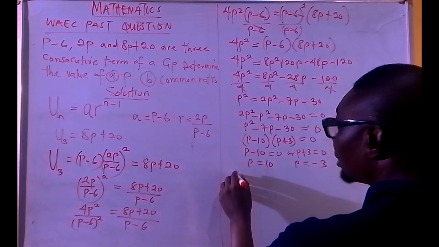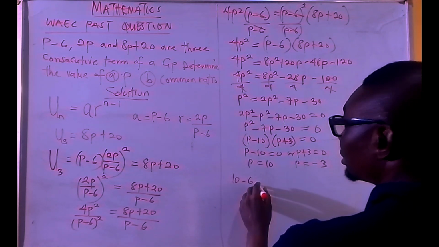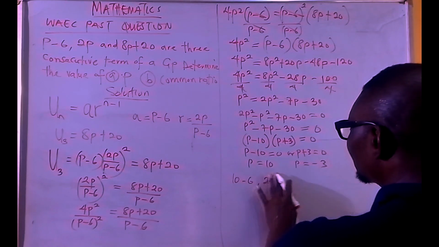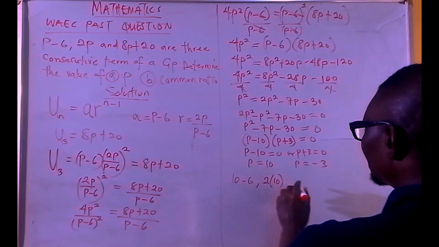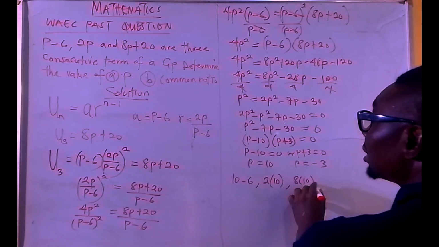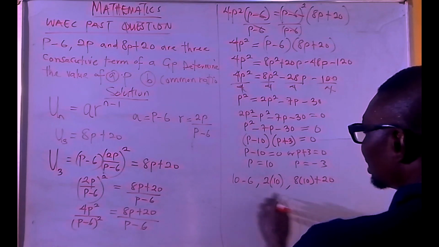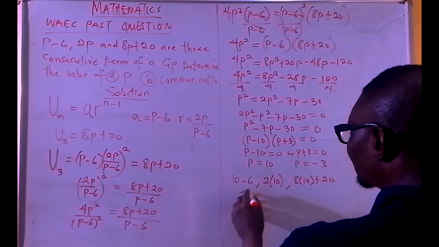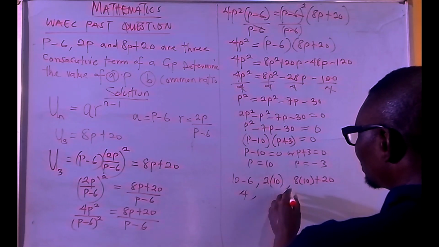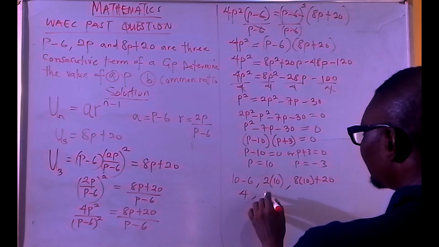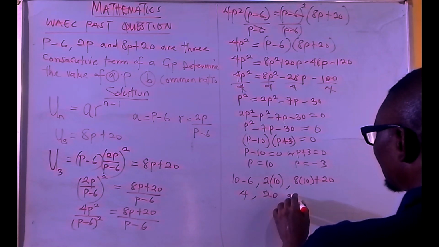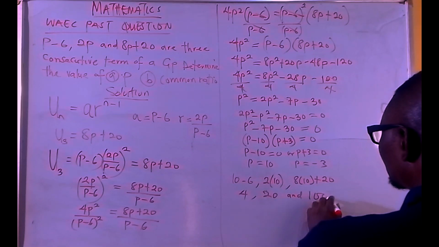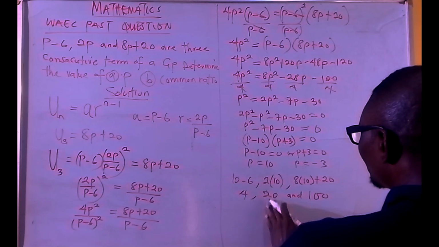So we now have 10 minus 6, 2 times P, which is 2 times 10, then the next one is 8 times 10 plus 20. So 10 minus 6 is 4, and 2 times 10 is 20. Then 8 times 10 is 80, and 80 plus 20 is 100. So the three consecutive terms are 4, 20, and 100.